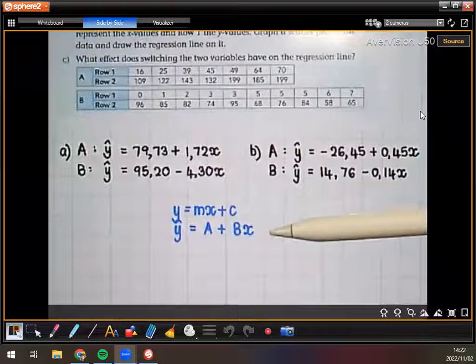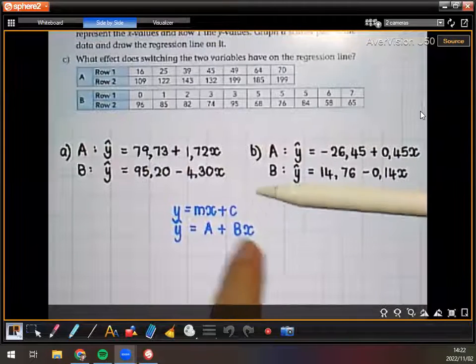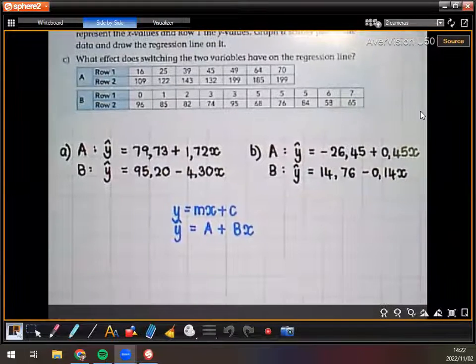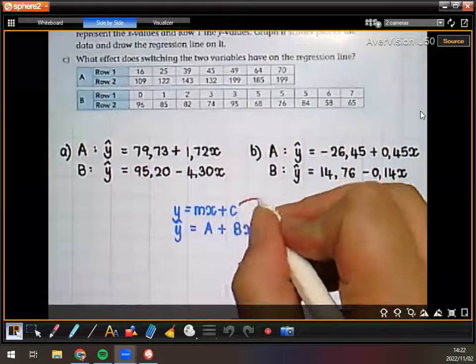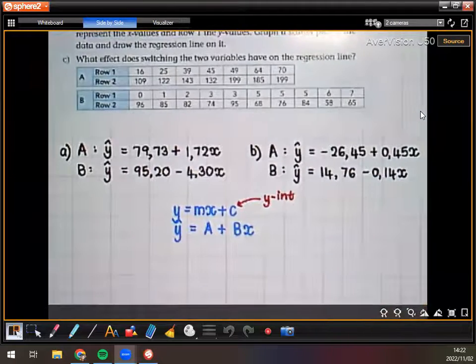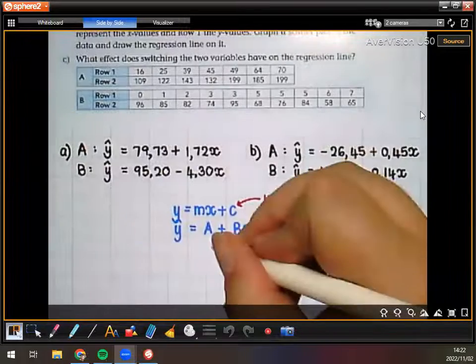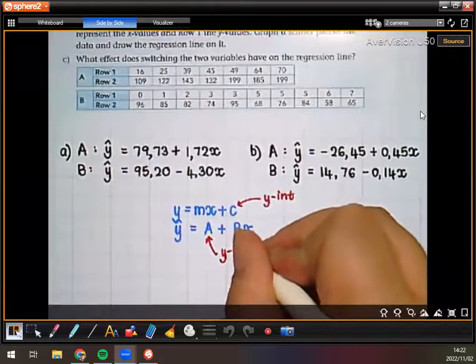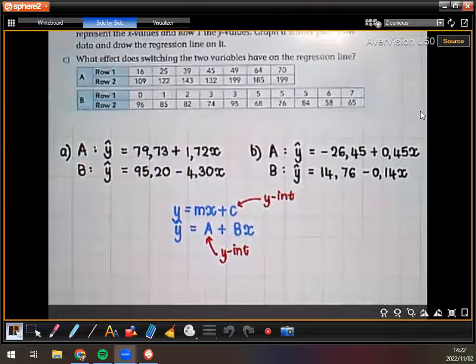The regression line is also a straight line, right? You see that these two equations are actually the same. They just use different variables. So here, our c value, which is the y-intercept, in the regression line, the a value is actually going to be the y-intercept of that line. The constant term always in a straight line equation is the y-intercept.